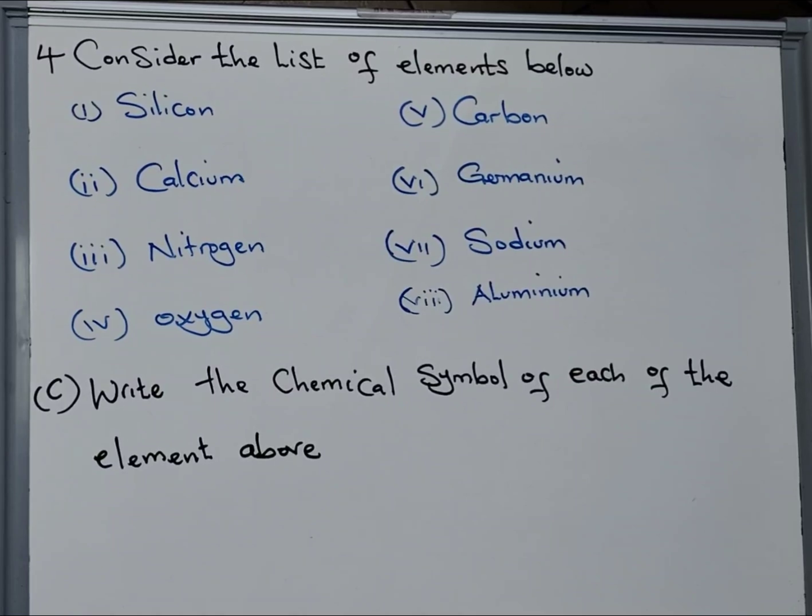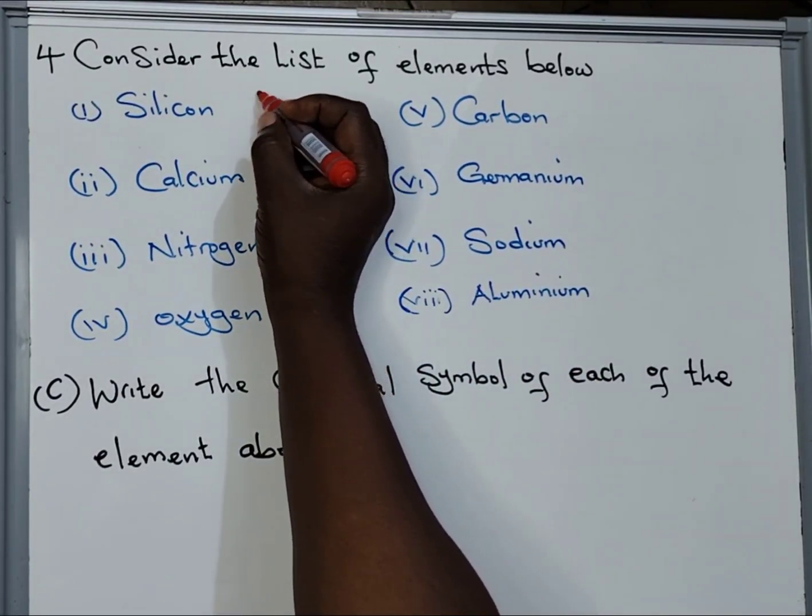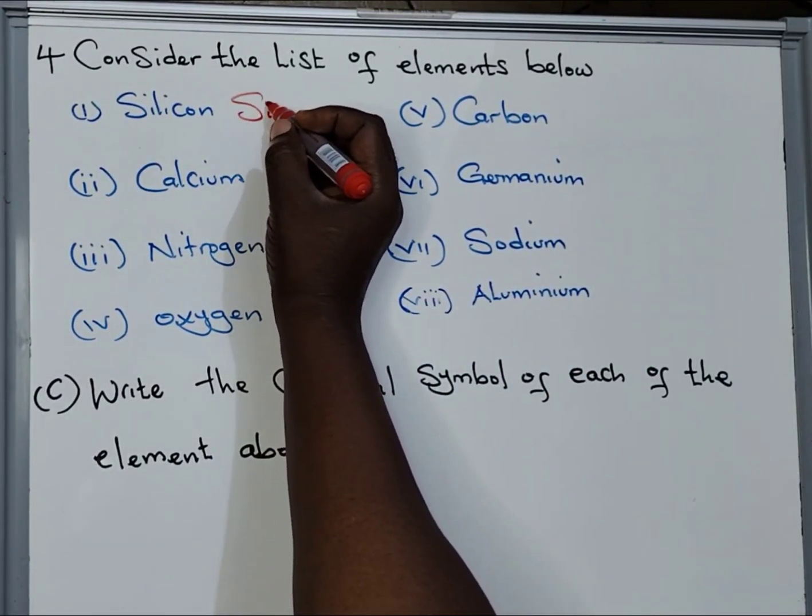Then comes this question. It says that write the chemical symbol of each of the elements above. So what is the chemical symbol for silicon? It is Si.